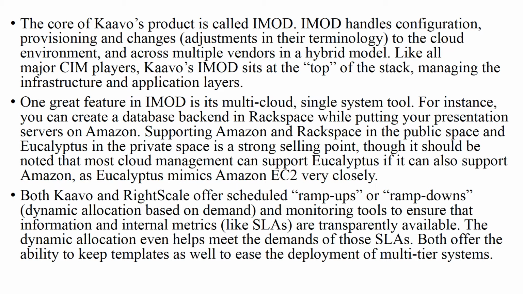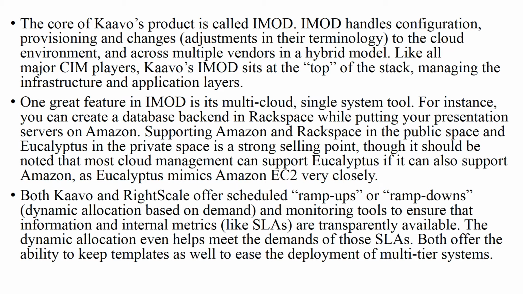Kaavo and RightScale both offer scheduled ramp ups or ramp downs, which is dynamic allocation based on demand, and monitoring tools to make sure that information and internal metrics such as service level agreements, SLAs, are transparently available.